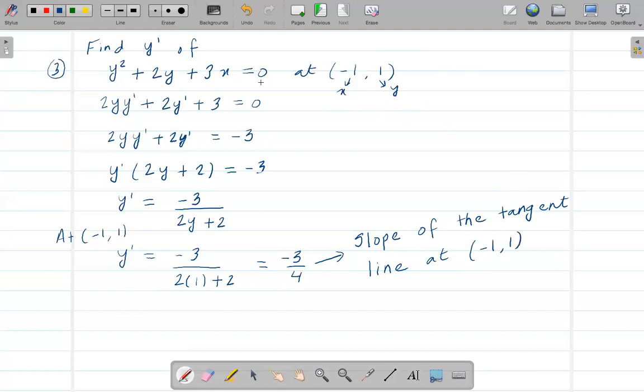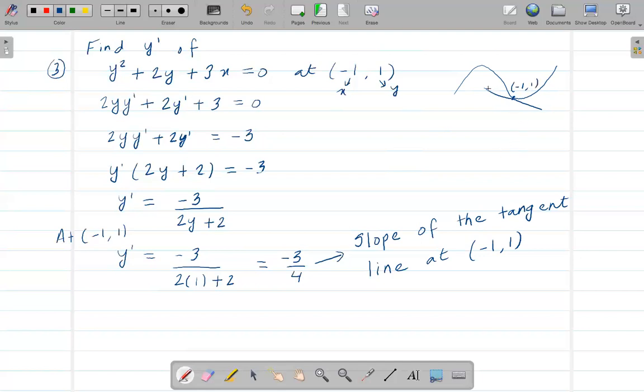Let's say this is just a random equation, something like this, and there is a tangent line that goes through this point, -1, 1.